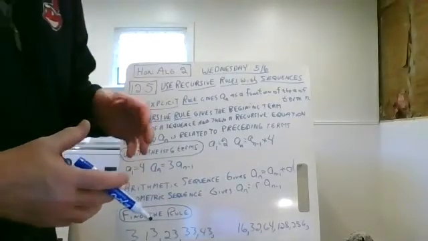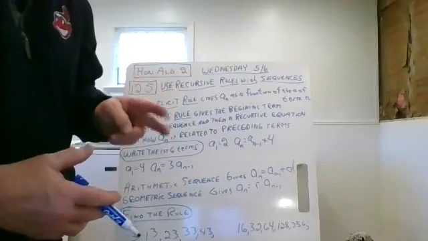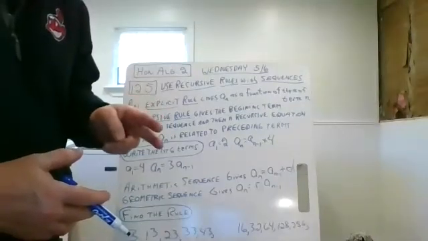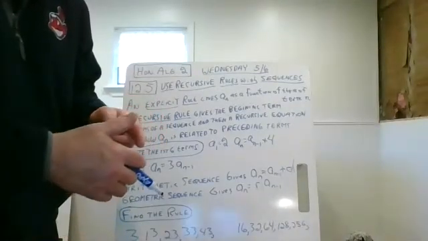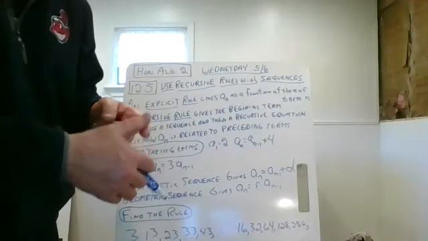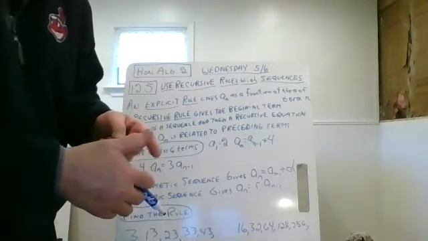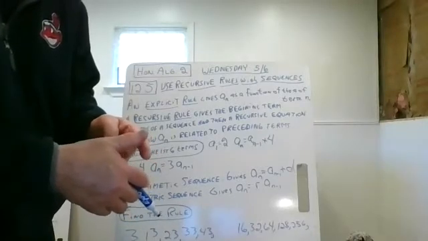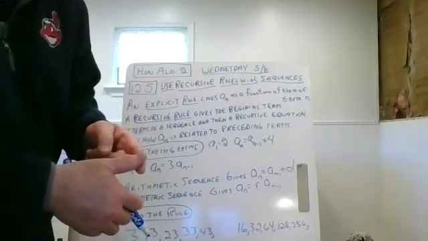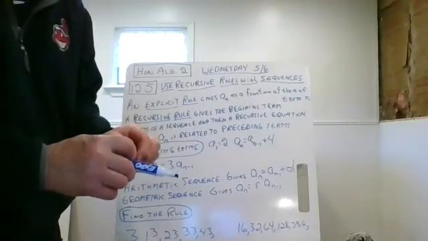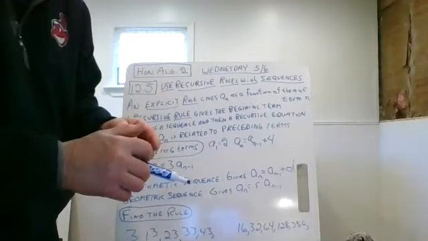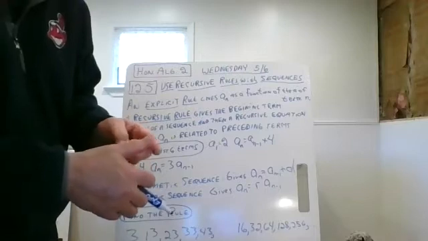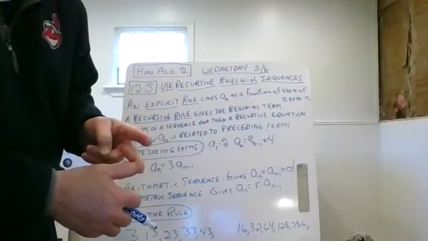Now there's actually two types of recursion rules we're going to do. There's the ones where they give you a sub 1, and then your a sub n is a function of a sub n minus 1. And then they get a little fancy, and they give you a sub 1 and a sub 2.